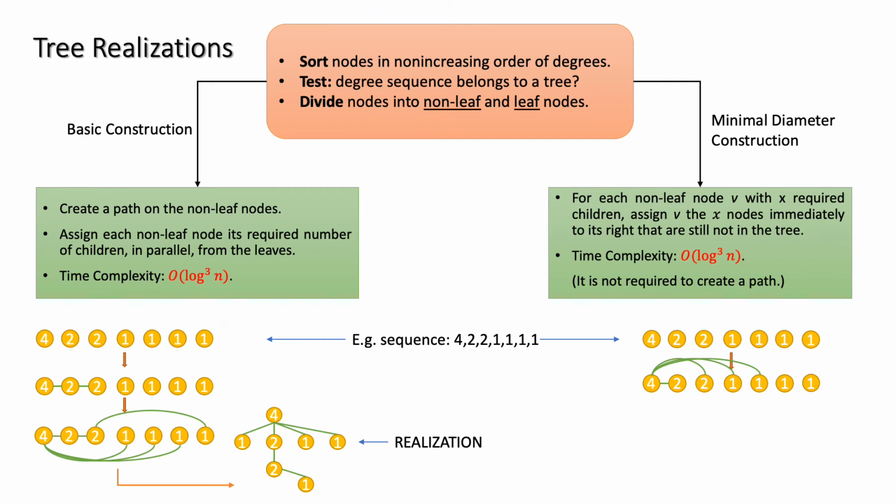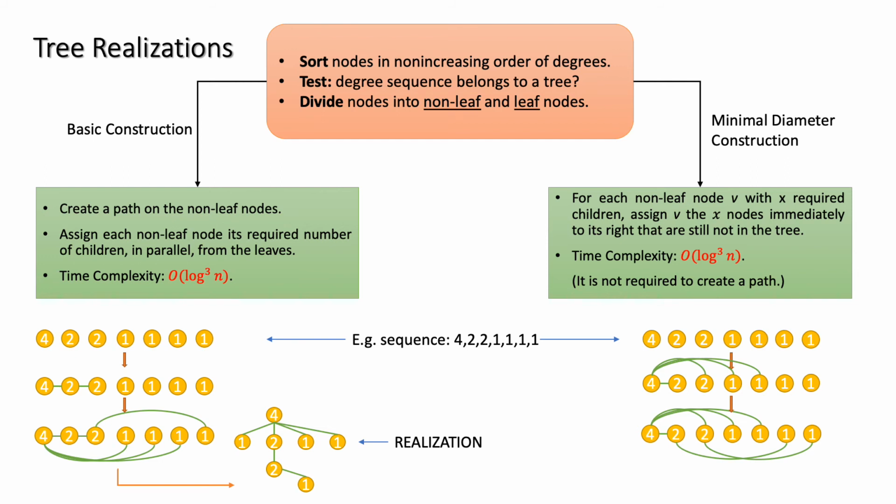The 4 is connected to the 2, and the first 1, 2 ones. All that is left is to connect the first 2 to the third 1 and the second 2 to the last 1. Now, notice that we did this in 2 phases, but this can actually be done in parallel.